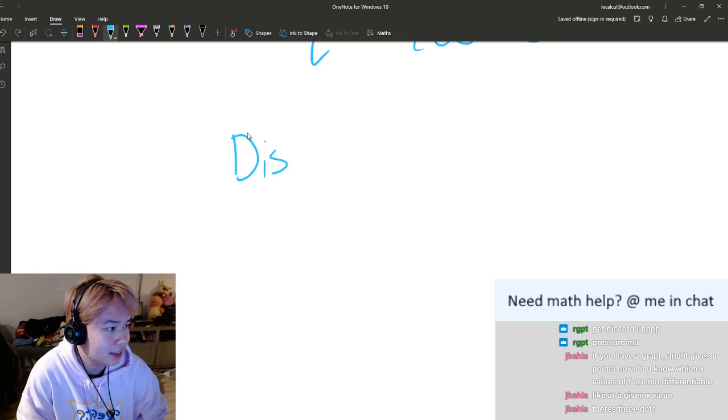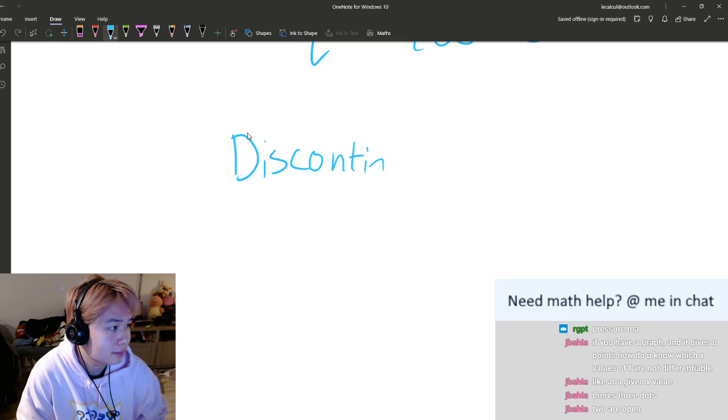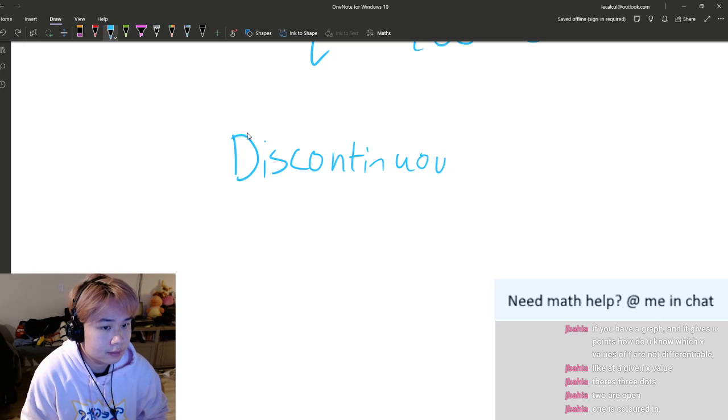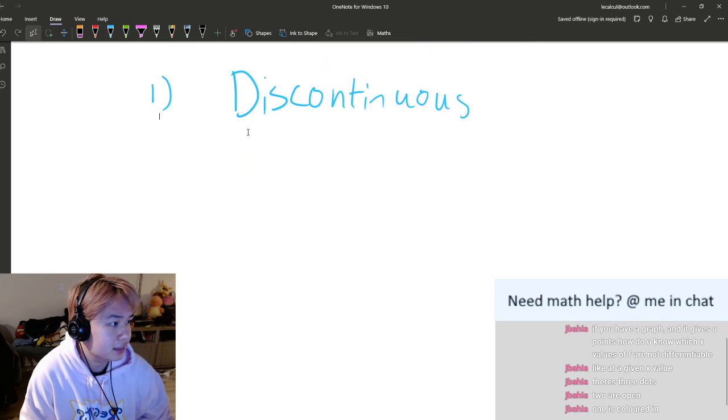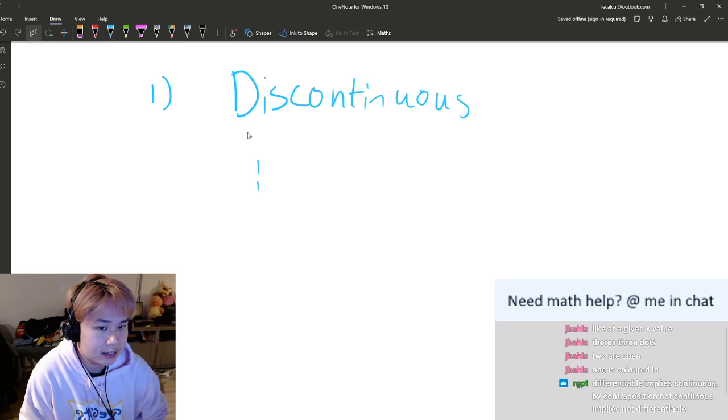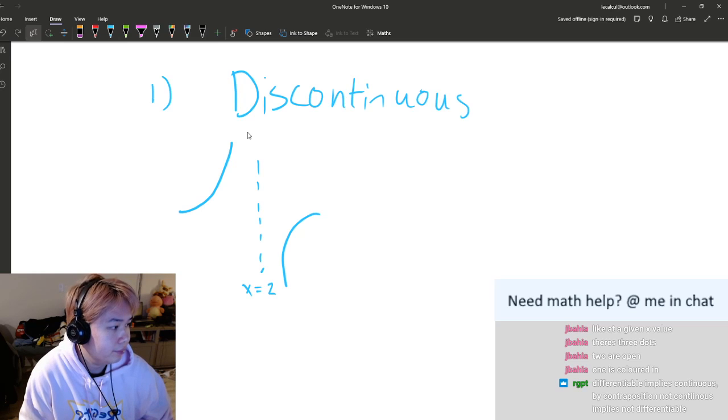One is it's discontinuous. And then second, so here's discontinuous. There's three types of discontinuity. There's asymptotic discontinuities. So let's say that this x value is at 2.